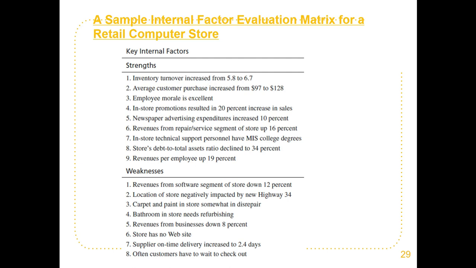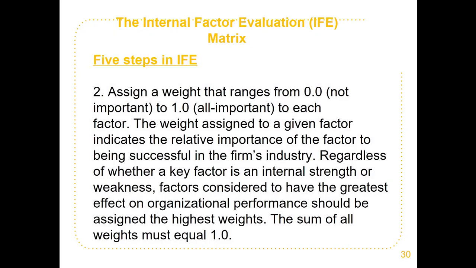All right, the next step is that you assign a weight that ranges from 0.0, meaning it's not important, to 1.0, meaning it is all important, to each factor. The weight assigned to a given factor indicates the relative importance of the factor to being successful in the firm's industry.